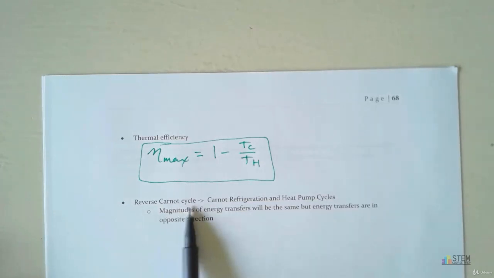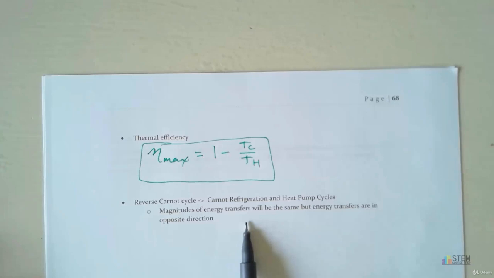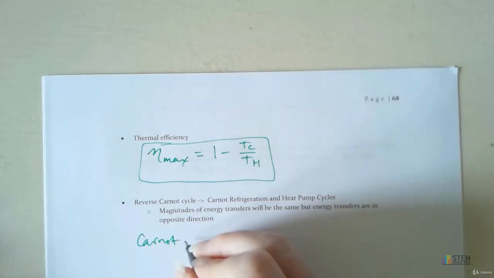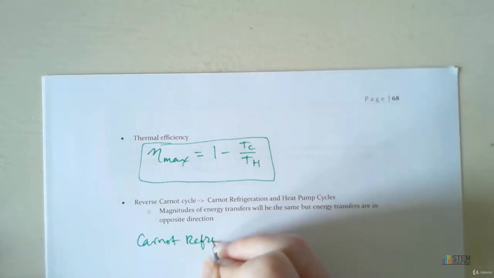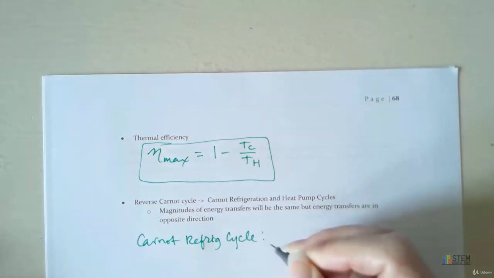Now the reverse Carnot cycle, that's going to be the Carnot refrigeration and heat pump cycles. In this case, the magnitudes of our energy transfers are going to be the same, but the energy transfers will be in the opposite direction. So just similar to what we had with the other refrigeration and heat pump cycles. Now we also have equations to look at the performance of this cycle.